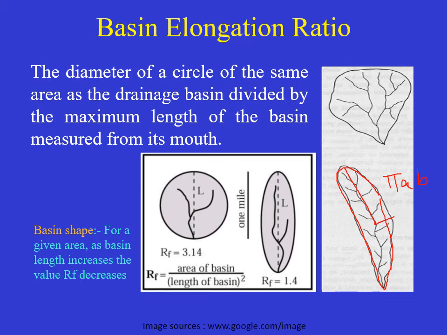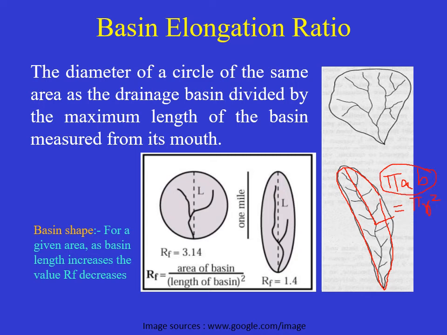Now what it says is the diameter of the circle having the same area as the drainage basin. So this pi AB, that is the area of this elliptical basin, should be equal to the area of a circle, and we know that the area of a circle is pi r square. Now from this equation, pi AB is equal to pi r square, the only unknown thing is this r, because this area you can calculate.